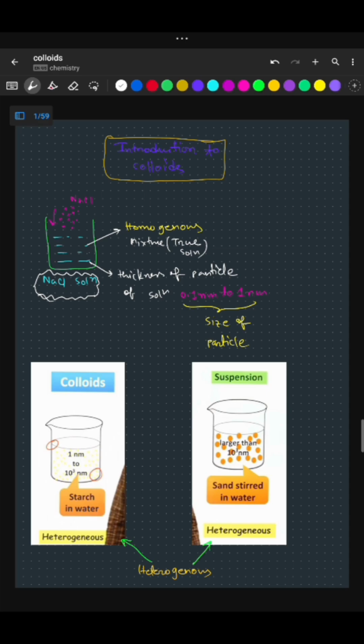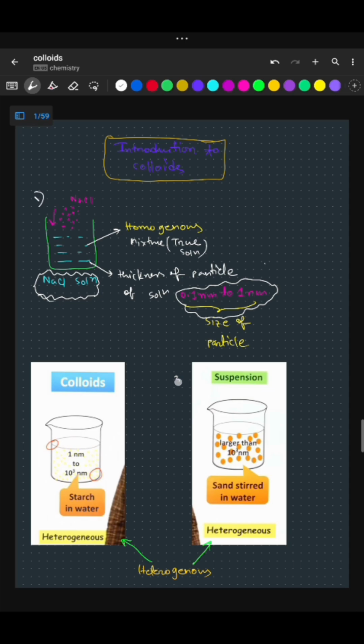It is the actual definition of a solution, where the particle size usually varies from 0.1 nanometer to 1 nanometer. So this is the first type of mixture that we can get, and the third type, we're gonna come to the second a little bit later.